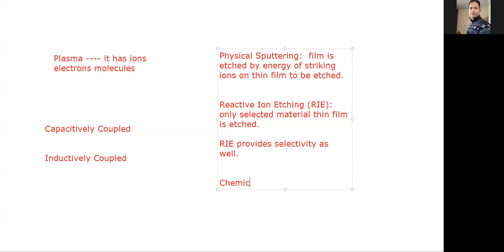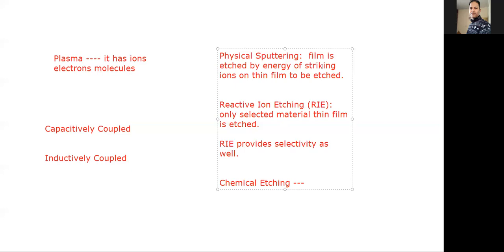The third mechanism is chemical etching, in which your etching process is chemical. It is different from wet etching in the sense that in wet etching the etchant chemical is in a liquid medium. Here the etchants arrive at the thin film surface in gas form.